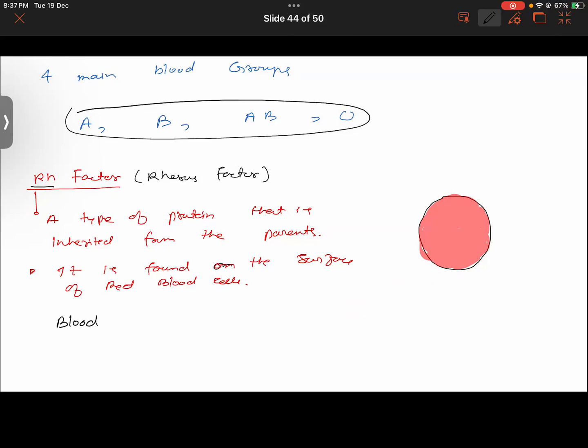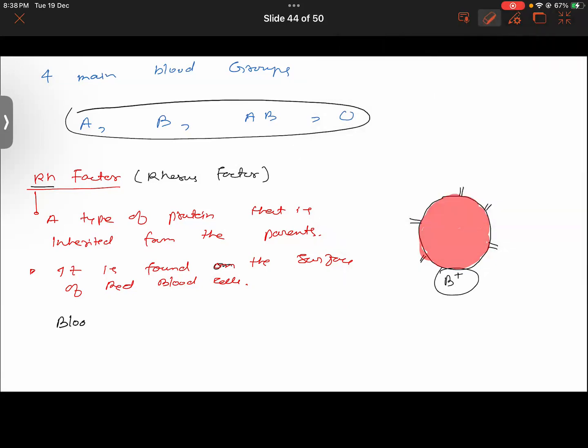You can understand it in this manner. Let's say this is positive blood, let's say B positive. If it's B positive, then it means that there is Rh factor present over the red blood cell. Getting this or not?